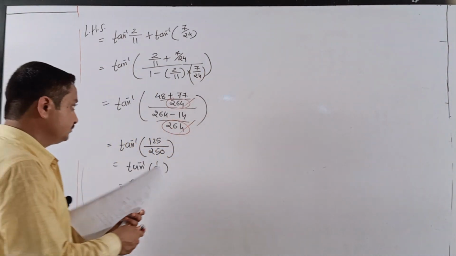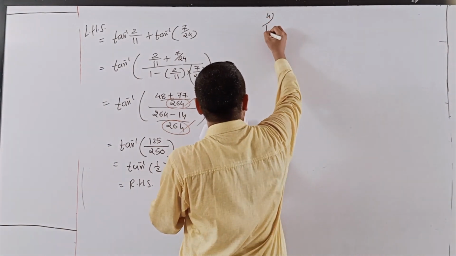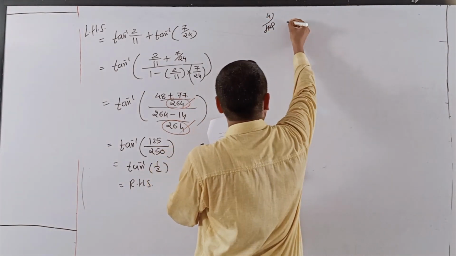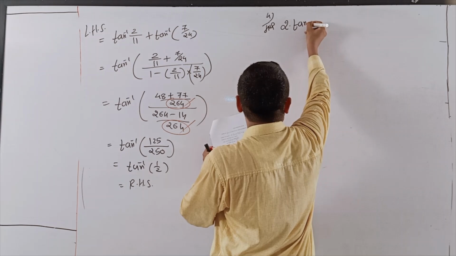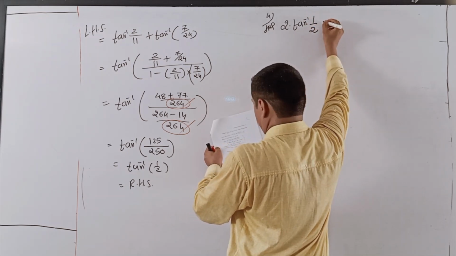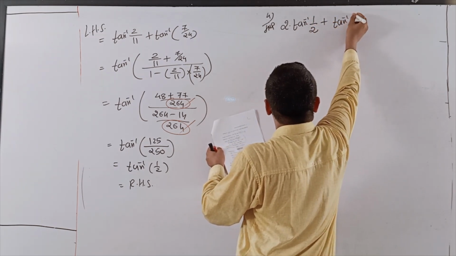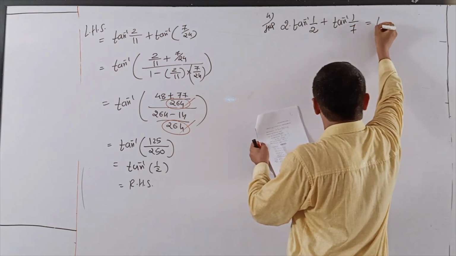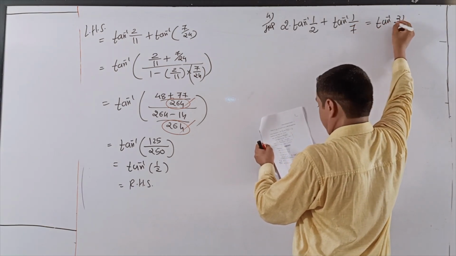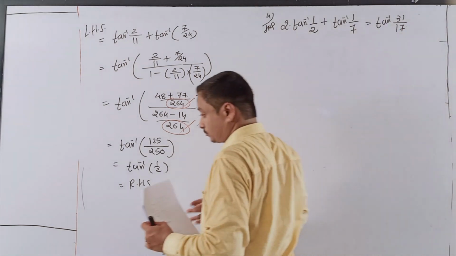The fourth sum is also IMP for 2 marks. 2 times tan inverse half plus tan inverse 1/7 equals tan inverse 31/17.